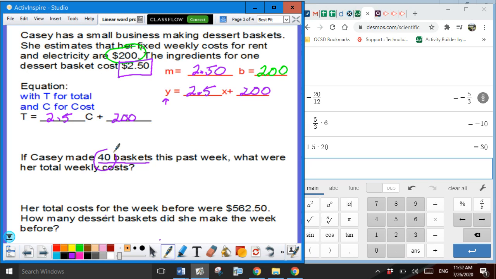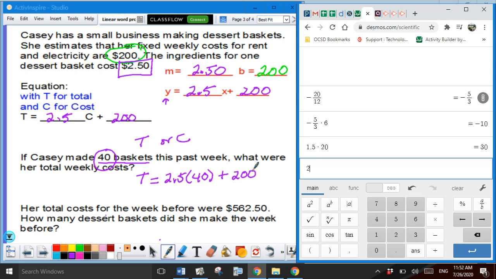Well, where does this 40 go? Is it T or C? It's C. I'm looking for total. So 2.5 times the 40 baskets, and I still have to pay my 200. So 2.5 parenthesis 40, oh, I lost a 4, 40 plus my 200.